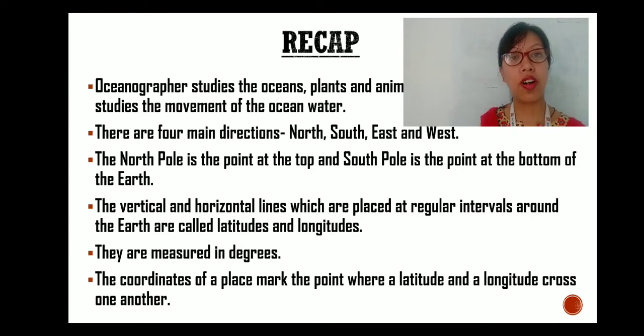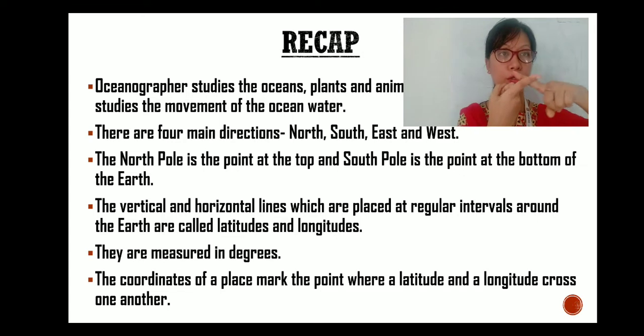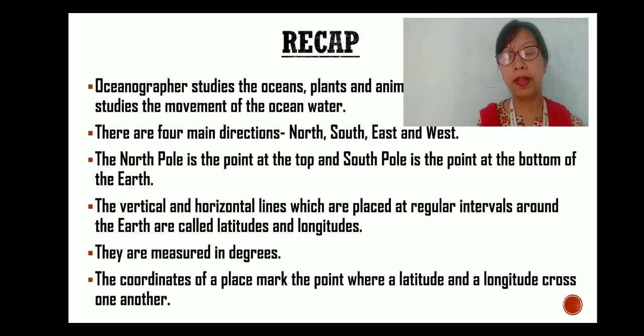The coordinates of a place mark the point where a latitude and longitude cross one another. So when latitude and longitude cross one another, this point is called the coordinate, right? And if you want to locate a place, I have already shown you how to do it in Google Maps or in a GPS, right?